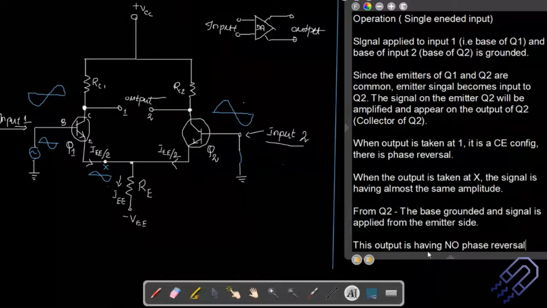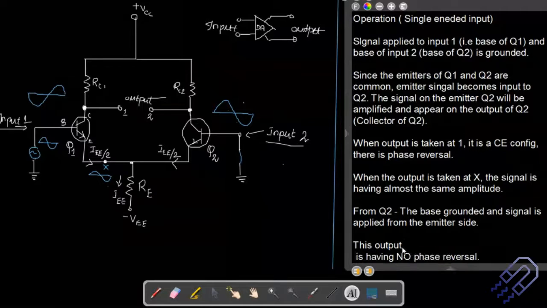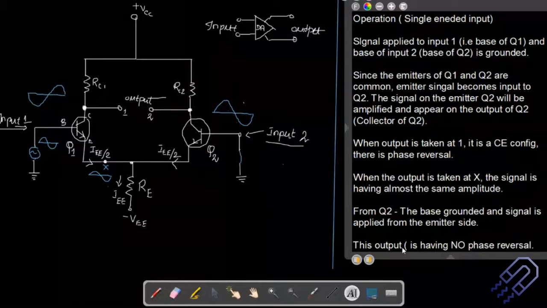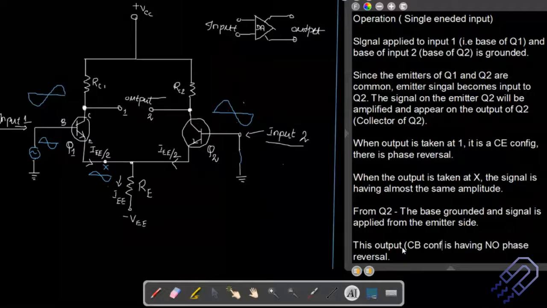This is what is done when we are considering this end, and you can observe a similar behavior when we are giving an input at this particular end. If we take it at this particular end, we are also going to have a similar behavior, and we can consider it to be the common base configuration.